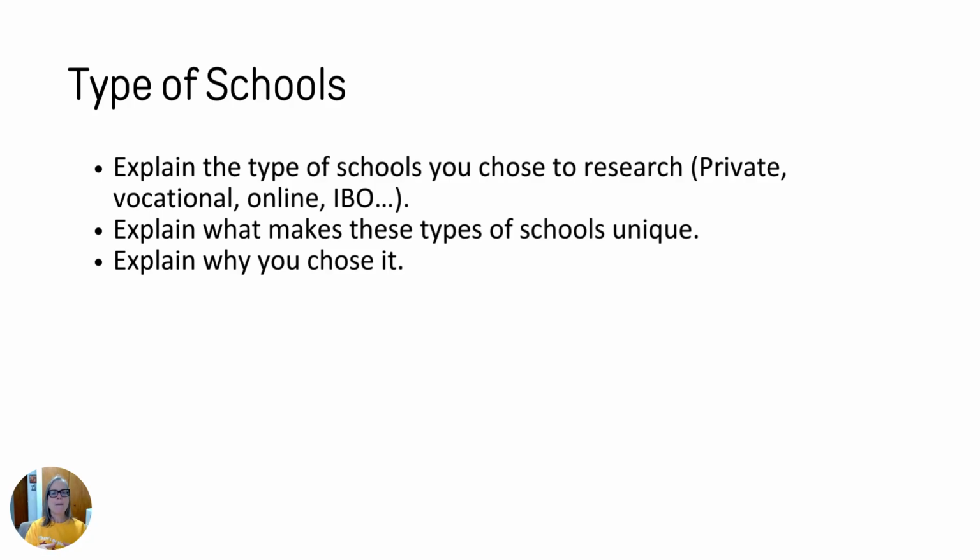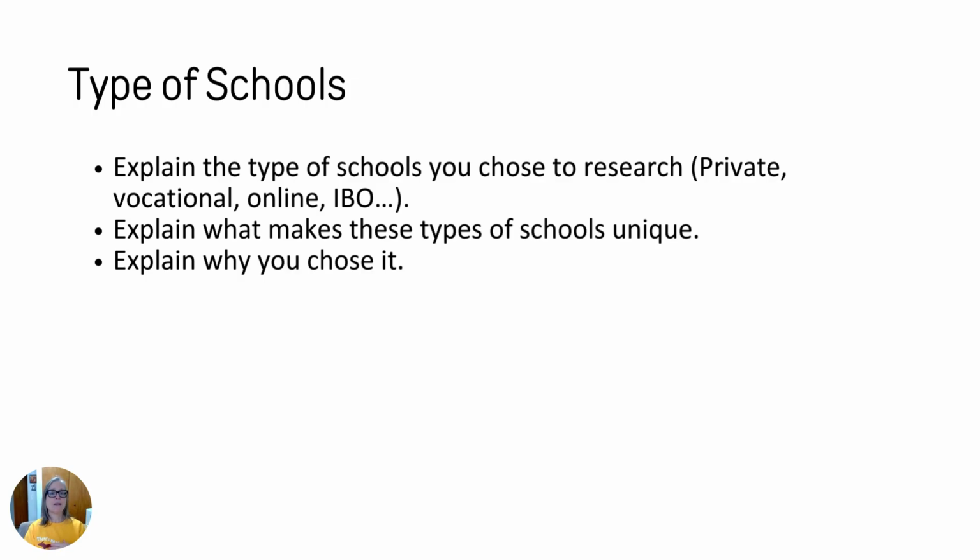Like, why is IB considered a better school, or it might be considered better for certain types of students. So if you chose alternative high schools, what is the purpose of an alternative high school? Explain what the school is, what makes it unique, and then you can explain why you chose it.